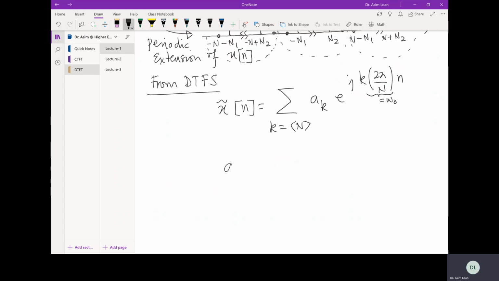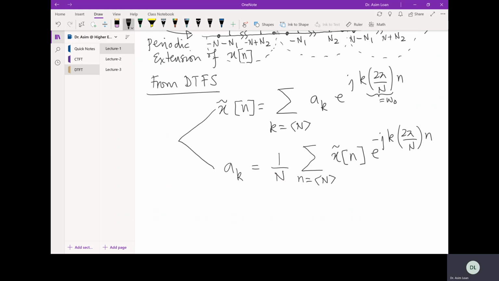And then a k's are 1 by n points again, x tilde n e to the minus j k 2 pi by n. Both are periodic and discrete.